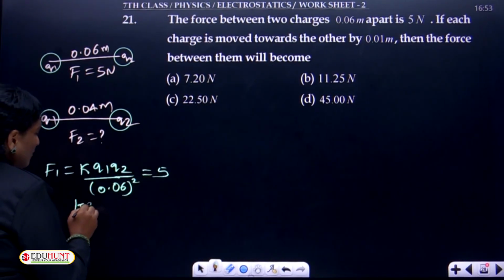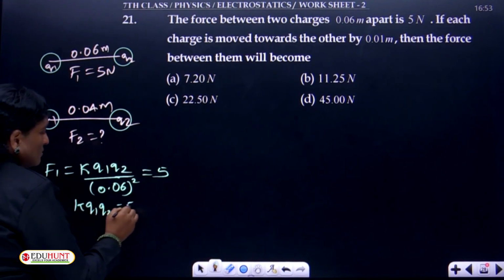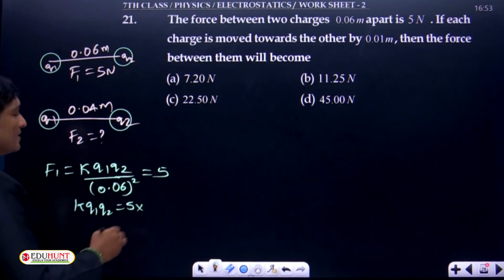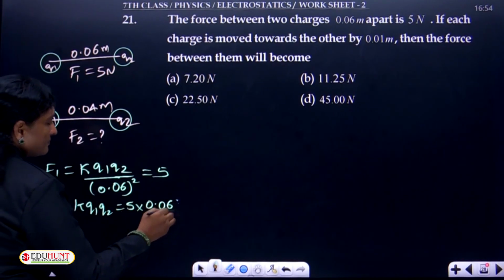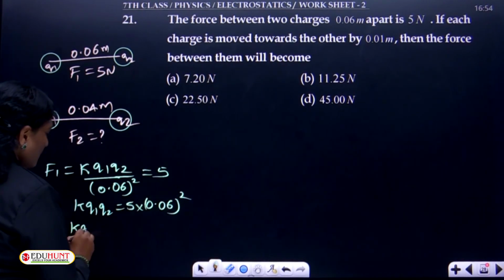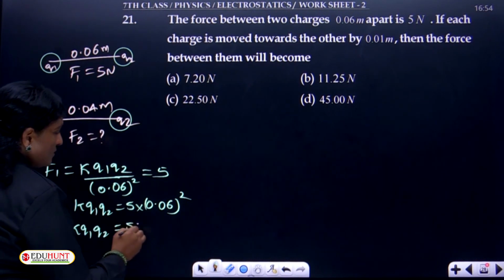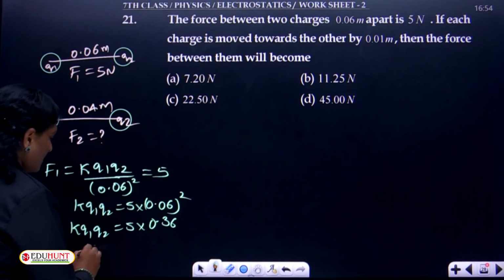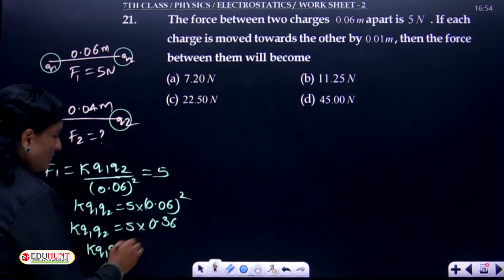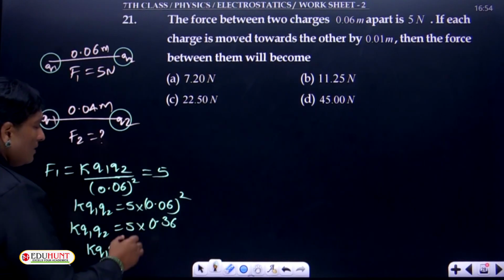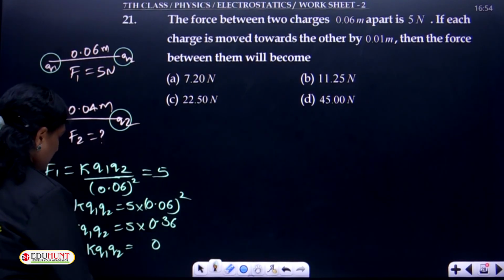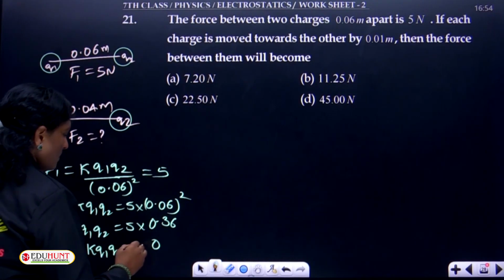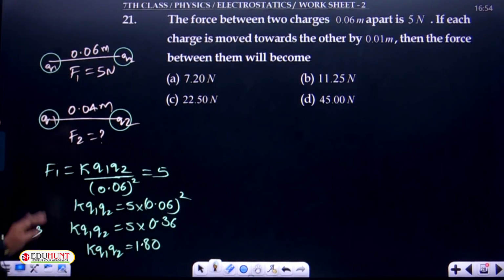So K Q1 Q2 is equal to 5 times 0.06 whole square, which is 5 into 0.36, since 0.06 square is 0.0036. So K Q1 Q2 is found to be 1.8. So what is the value of K Q1 Q2, children? It is found to be 1.8.